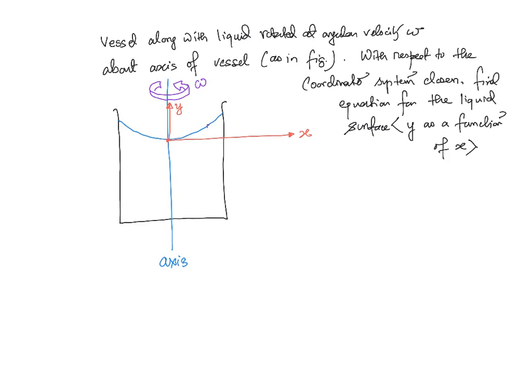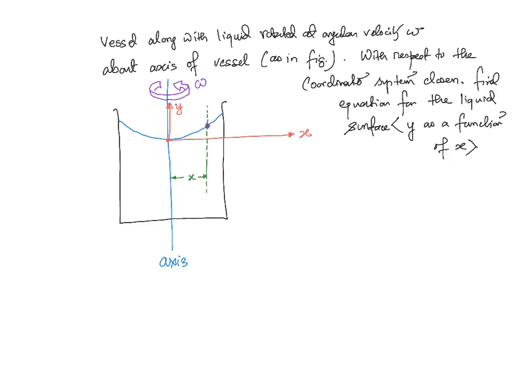Now let's take a particle on the surface of the liquid. This purple one has x coordinate, that means from the axis the distance is x.